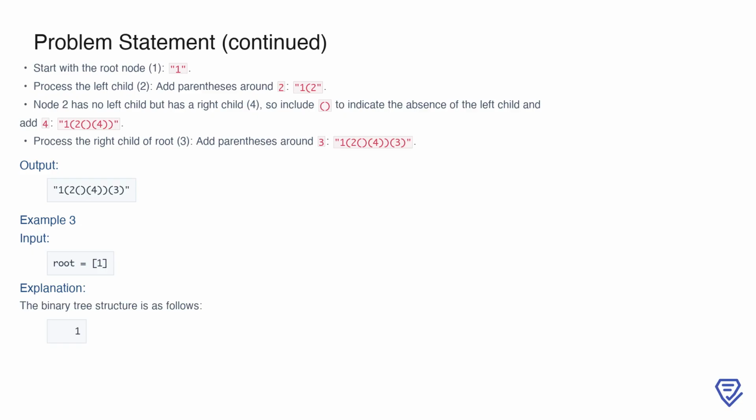Then, we add node 2's right child, node 4, in parentheses, resulting in 1(2()(4)). Finally, we process the right child of the root, which is node 3. Since node 3 exists, we add it in parentheses, giving us (3). Putting it all together, the final string representation of this tree is 1(2()(4))(3).